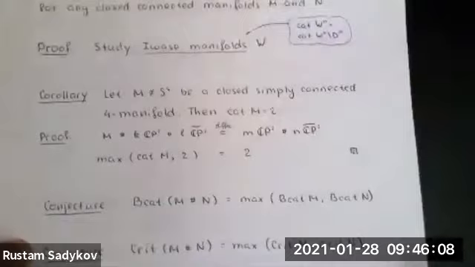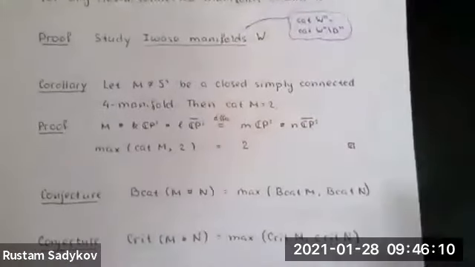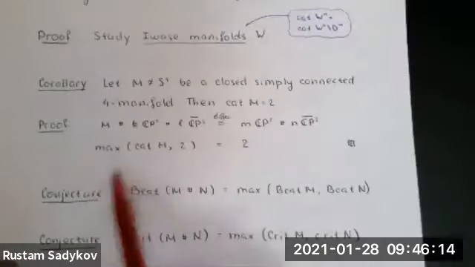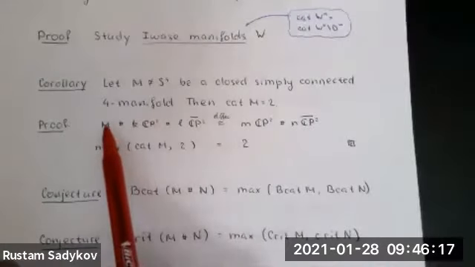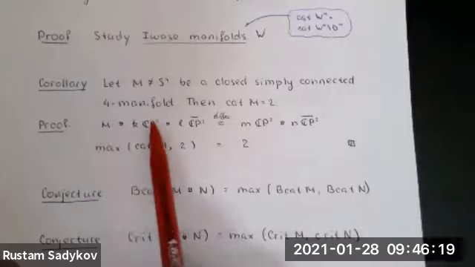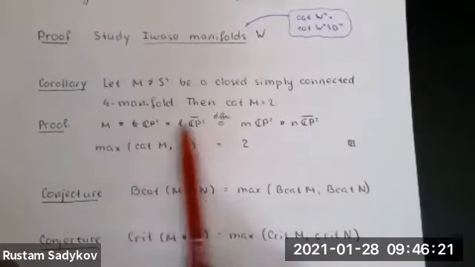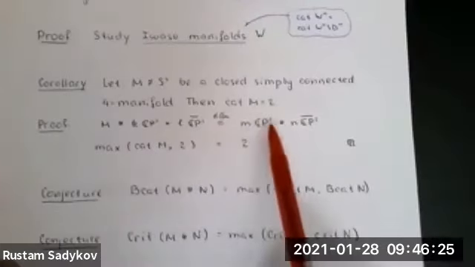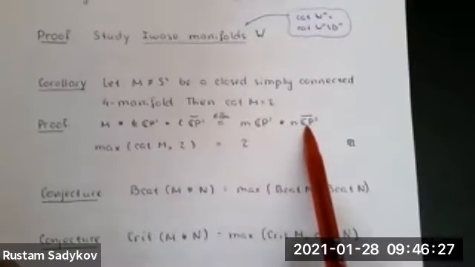Now, if one knows the connected sum formula, then the category of a simply connected four-manifold can be computed very easily, because we know that if you take a simply connected four-manifold and then you take the connected sum with CP2 and CP2 bar, then you get a connected sum of CP2s and CP2 bars.